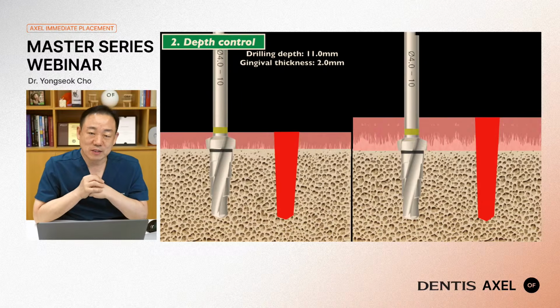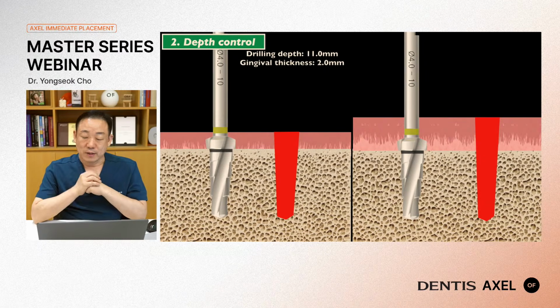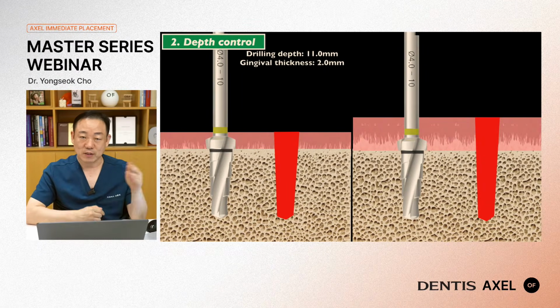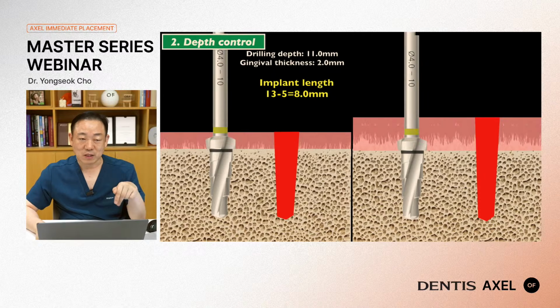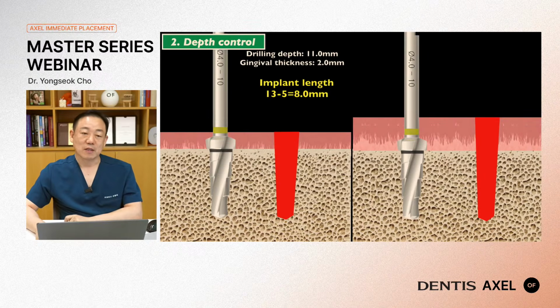In case of thin soft tissue, like the left picture, it is a total of 13 millimeter deep from the bottom to the gingival margin. That means when you place the implant about 5 millimeter deep, the available height is 8 millimeter.